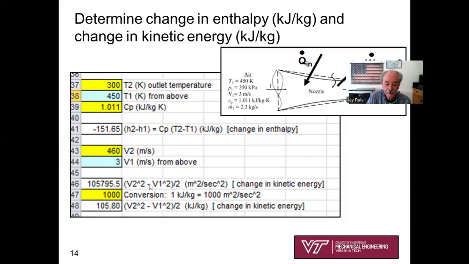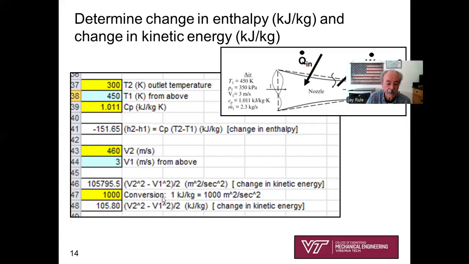Change in kinetic energy, V2 squared minus V1 squared over 2. Turn the crank on your calculator, you get a huge number, 105,795.5 meters squared per second squared. Look at the difference numerically between these two changes. Something can't be right. That's your clue that the units are not consistent with each other. A kilojoule per kilogram and a meter squared per second squared are not uniform.